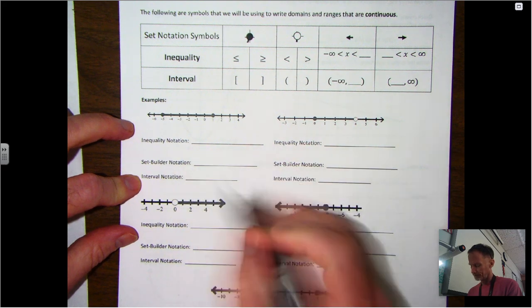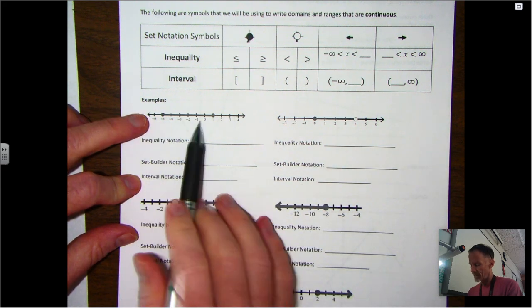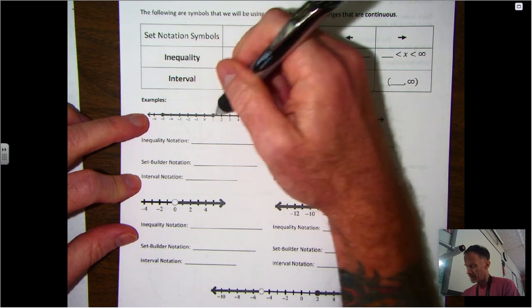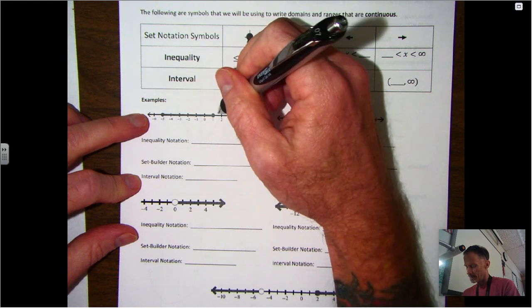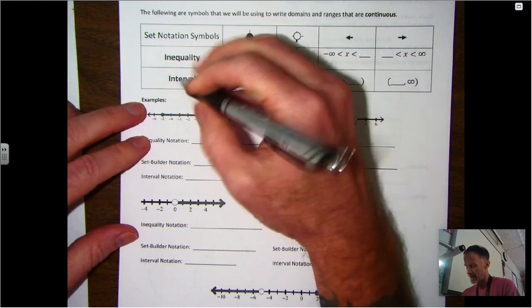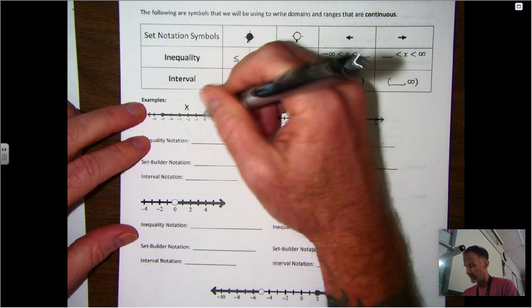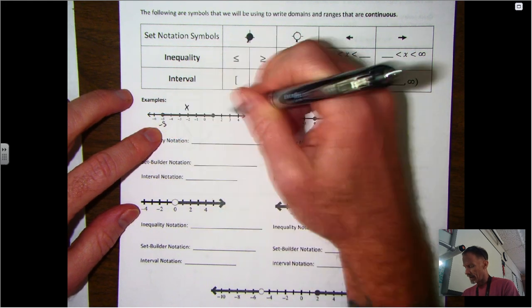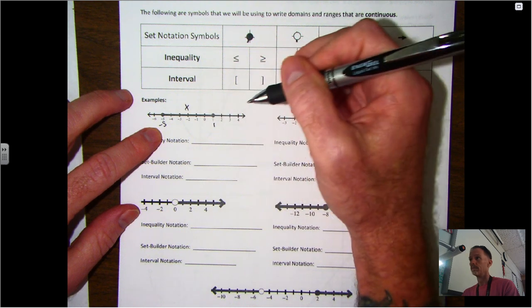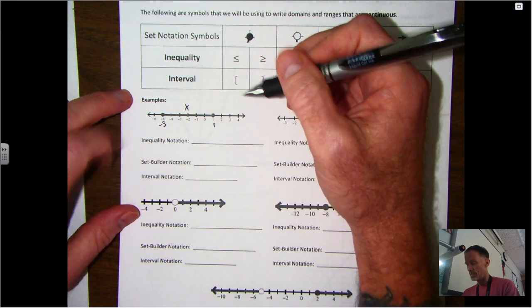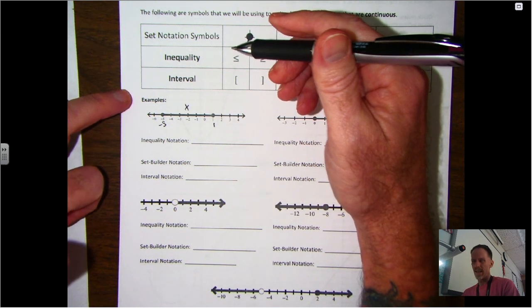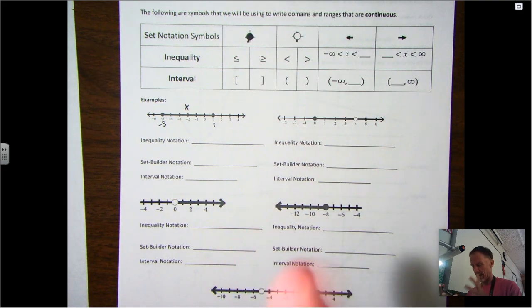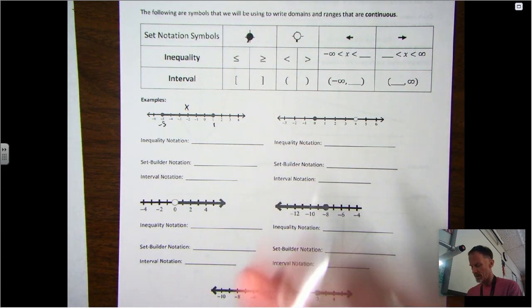So here we go. Notice in this first case, notice the filled in circles, first of all. What this is saying is x can be anywhere in between -5 and +1. This is what I call a sandwich, because x is kind of like the ham and cheese in between the two pieces of bread.